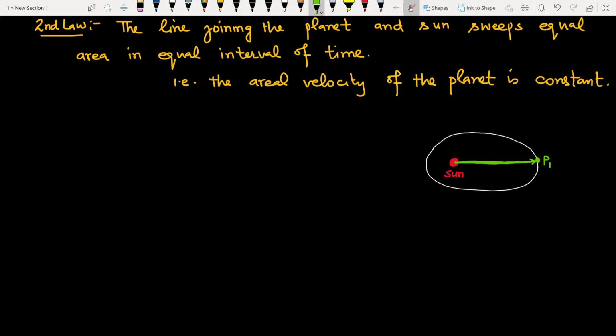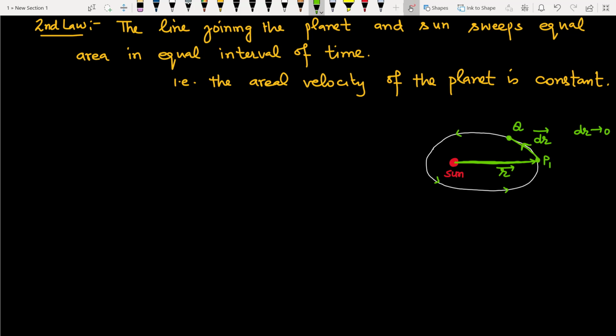Let this position vector be r vector, and after some time the planet revolves in an anti-clockwise direction and reaches point Q. Let this vector be dr vector, where dr tends to 0.